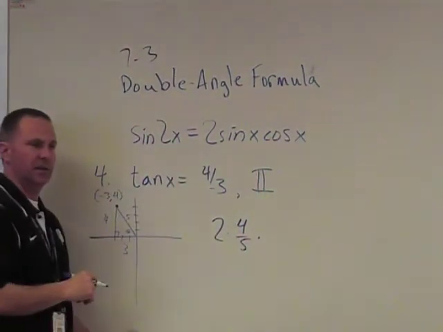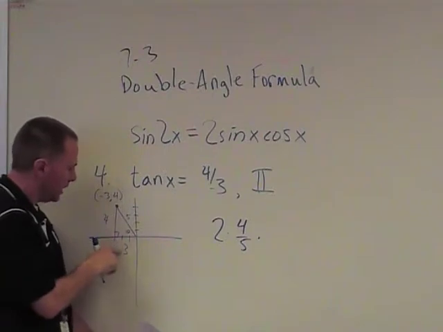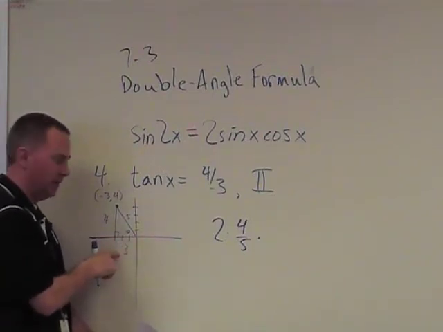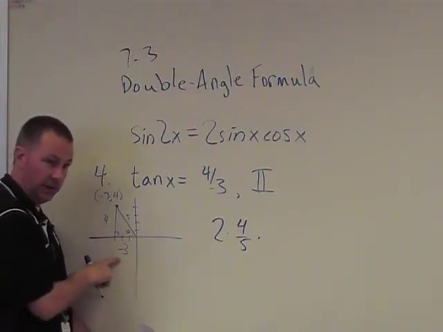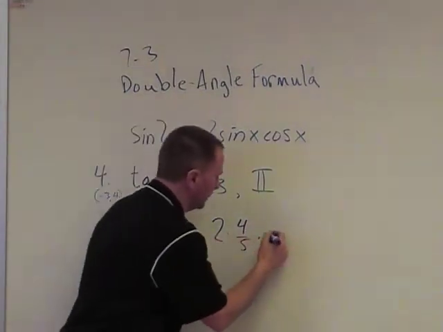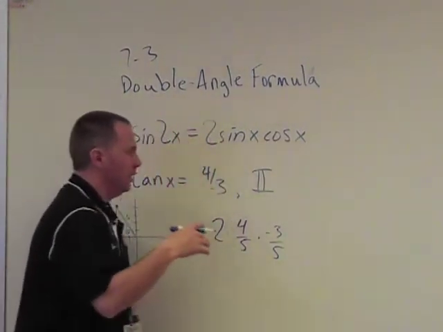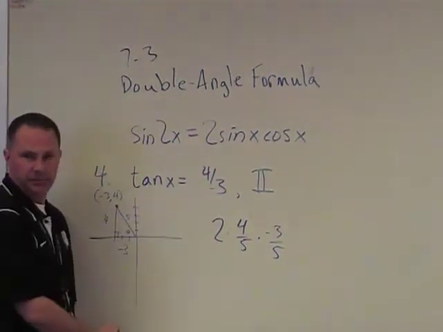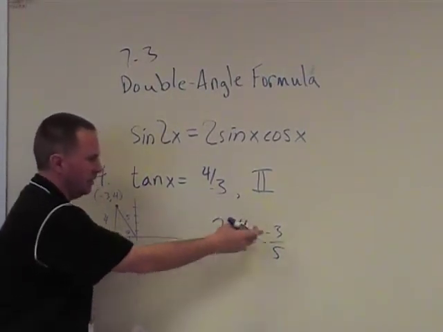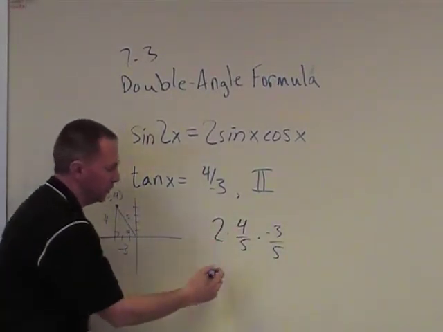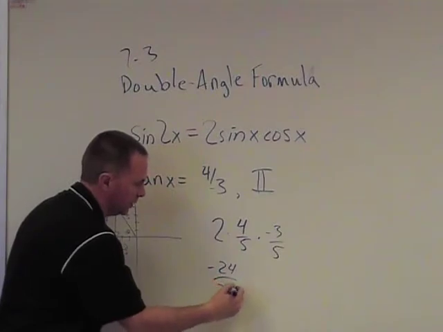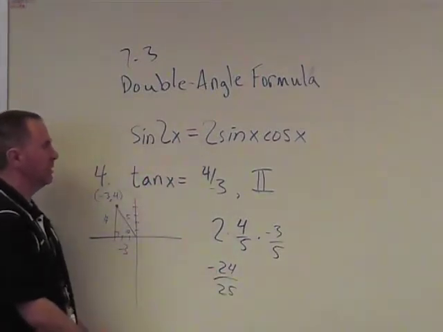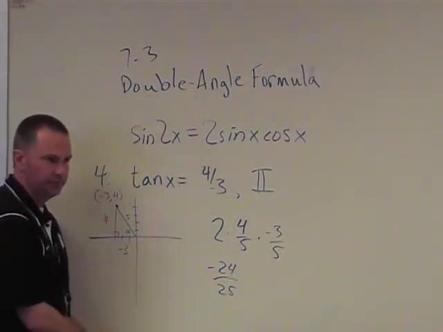And the cosine of x, cosine is the adjacent leg, -3, over the hypotenuse, -3/5. And you just do the calculation. 2 times 4 is 8 times negative 3 is negative 24 over 25. Negative 24 25ths. So that's using the double angle formula.